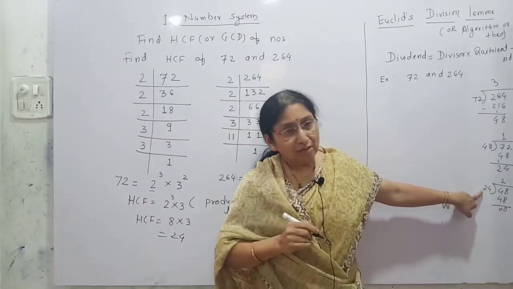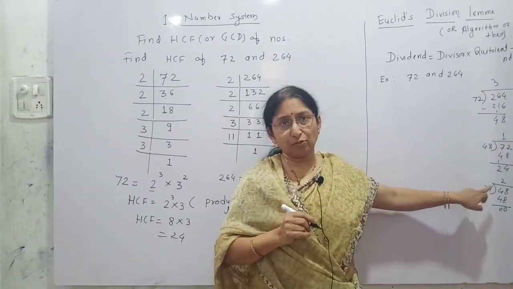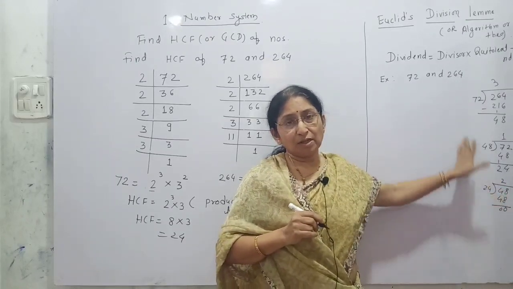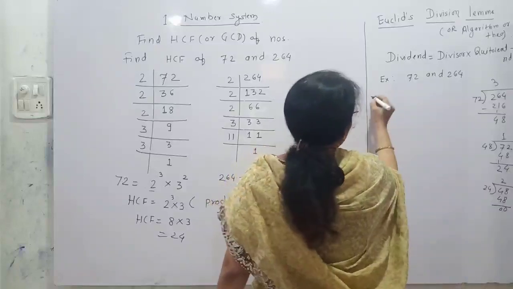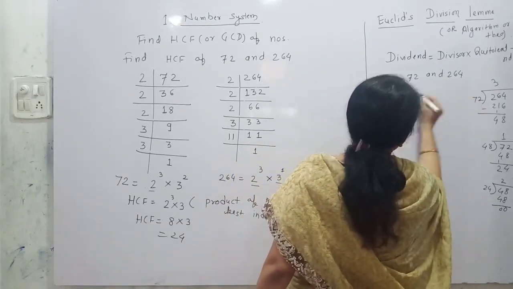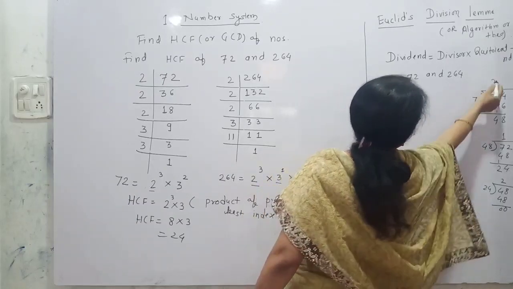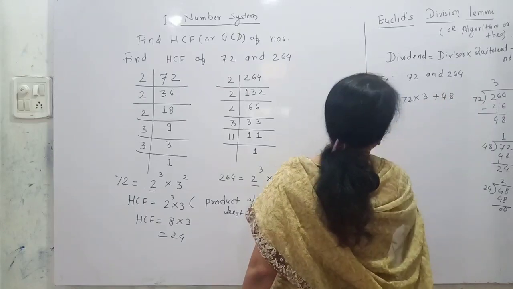So here the divisor is 24. When the divisor is 24, the remainder is 0. So HCF is 24. So here 264 you can write as 72 multiplied by 3 plus 48.